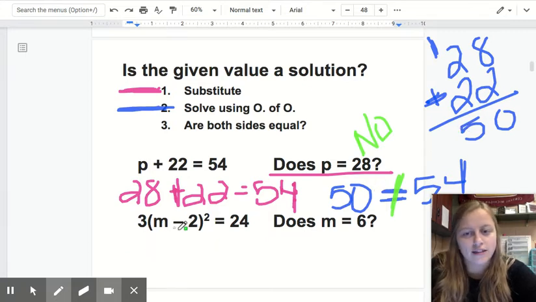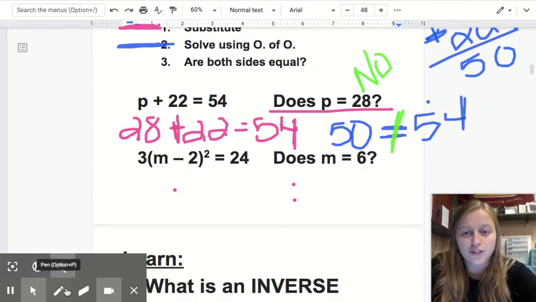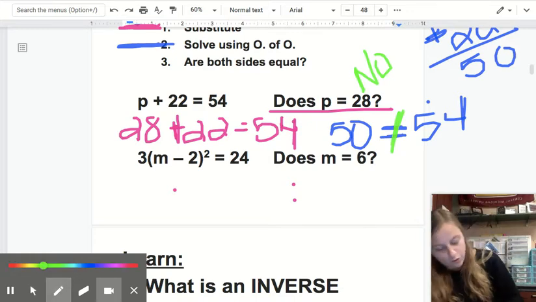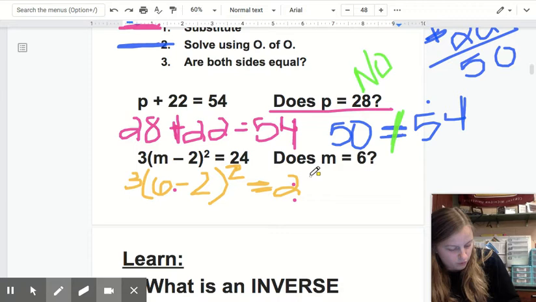I want you guys to try this one. It's a little bit more tricky. Substitute and solve using those order of operations. So first, we substitute that m equals 6 into our equation. So we really have here 3 times (6 minus 2) squared, and we're saying for now that equals 24.